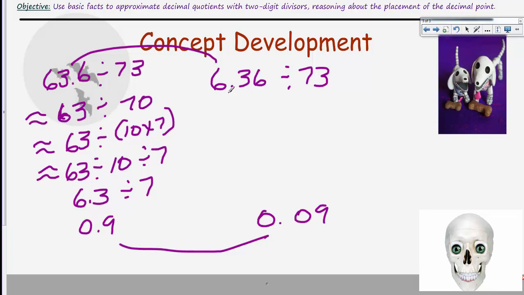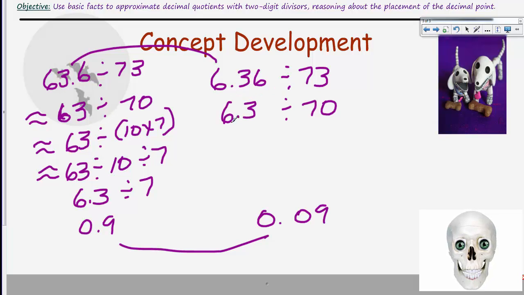So same thing, rounding. So we'll put our 70. See, now we're going to round this, and we're probably just going to want to round this to 6.3, because we want that 6.3 to work with us when we look at that 7. That's going to come in handy, because 9 times 7 is 63. Okay, now we can go ahead and do the same thing that we did before.